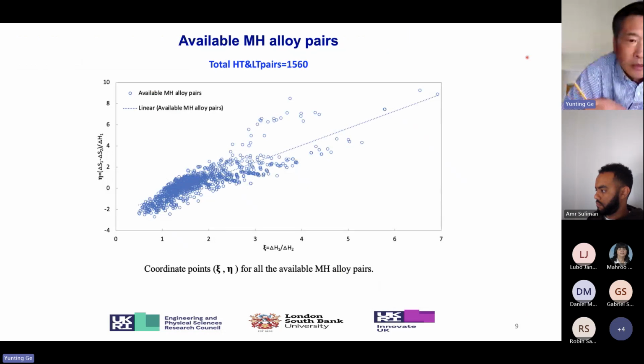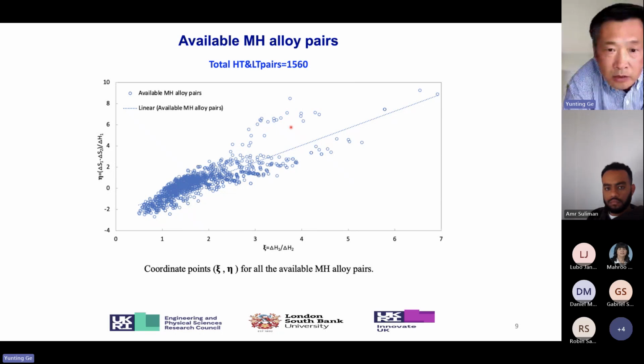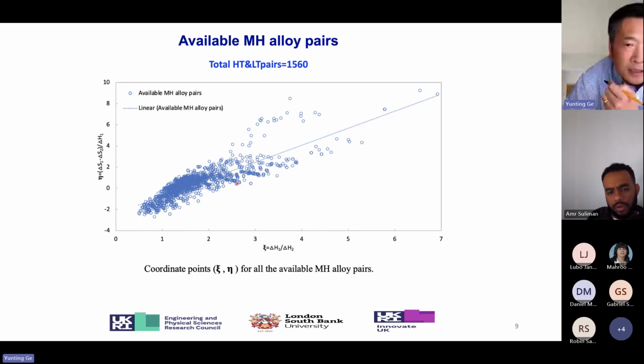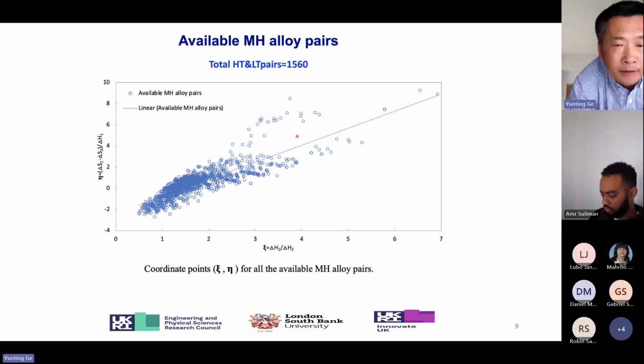If we draw this into this diagram, you can see a lot of circles. Each circle represents one pair of metal hydride alloys. If we draw a line here, you can see more or less a linear relation. This is also what I found: a linear relation for all these metal hydride pairs.